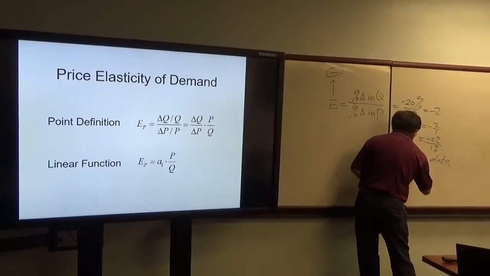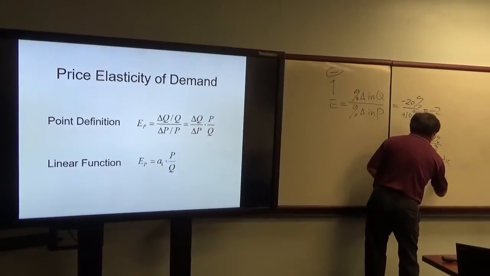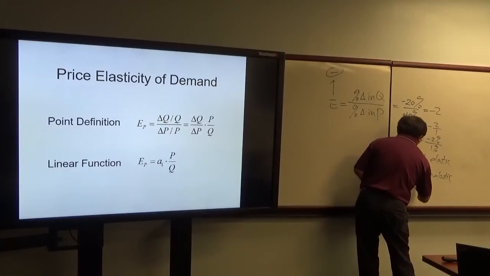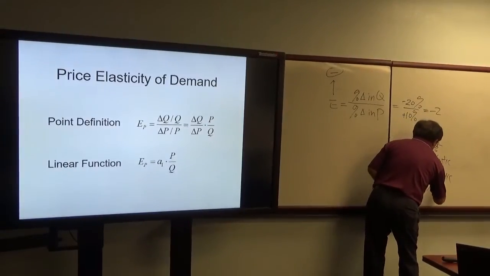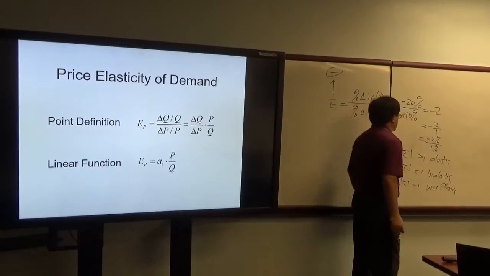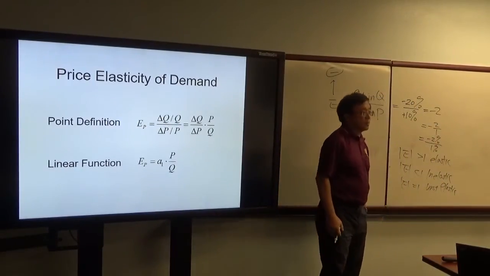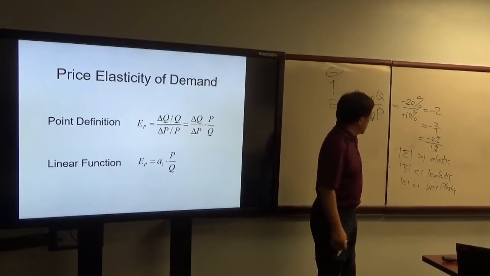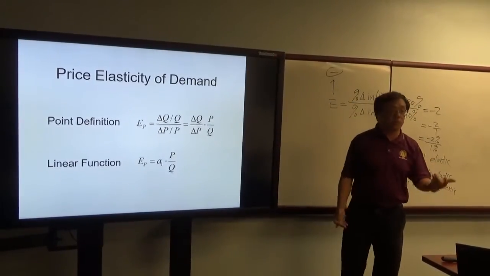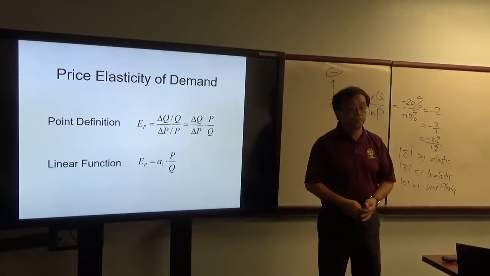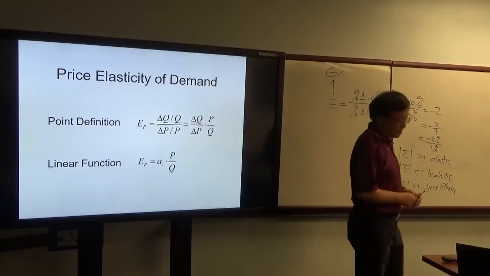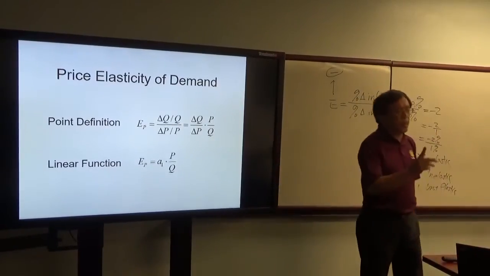If this is less than 1, inelastic. If it's equal to 1, that's called unit elastic. Good. The cutoff is 1. If it's elastic, that means consumers are sensitive to changing price. Good. So that's the basic concept.